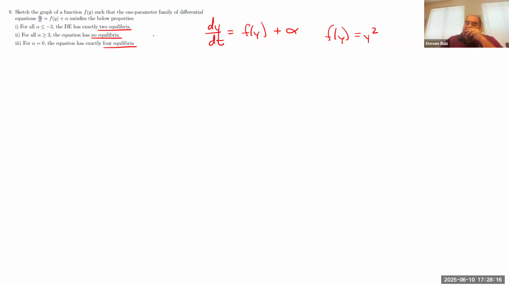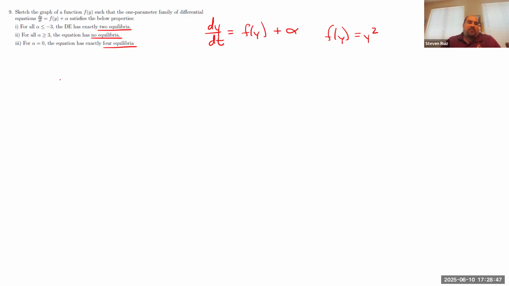The fact that I can have, as far as I know, a maximum of 4 equilibria makes me feel like, if I want to set this up as a polynomial, then this will be a 4th degree polynomial, or a quartic. So what do polynomials look like? So let's kind of build up.